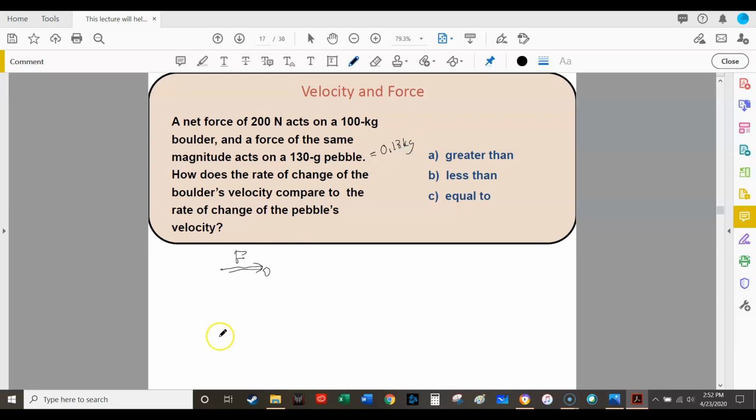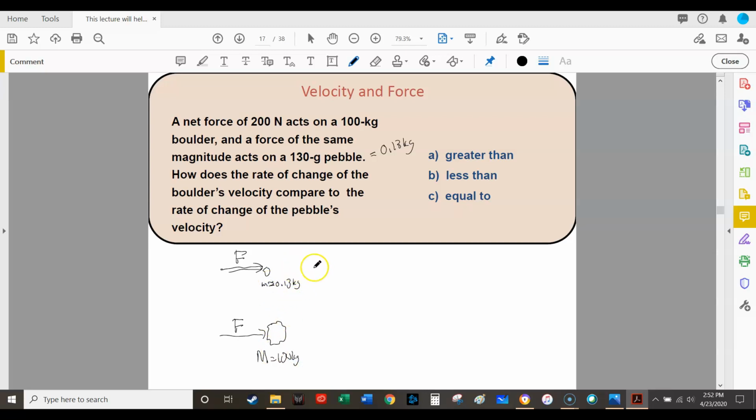And then you have the same force of 200 newtons applied to a huge boulder. Okay, and this guy's mass is a big guy, it's going to be 100 kilograms, right?